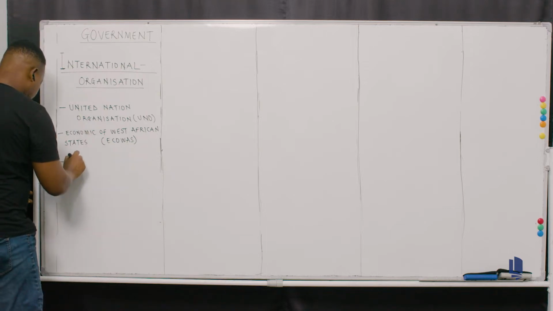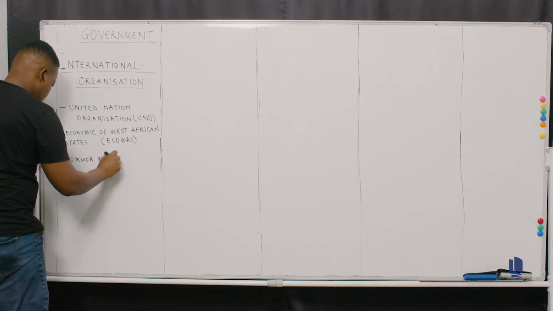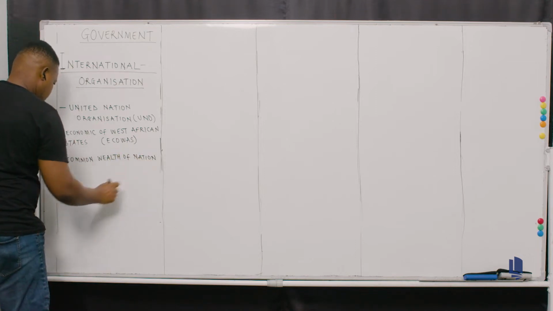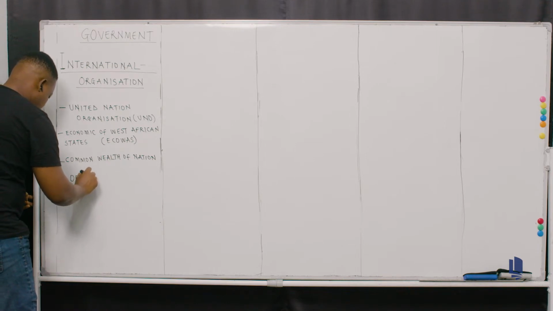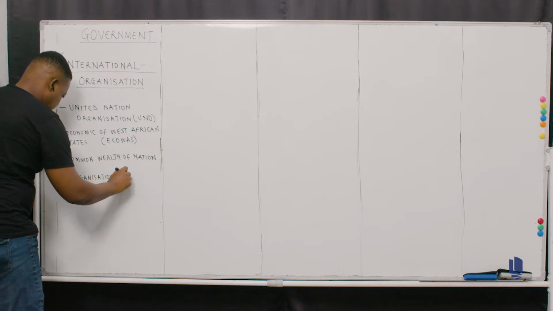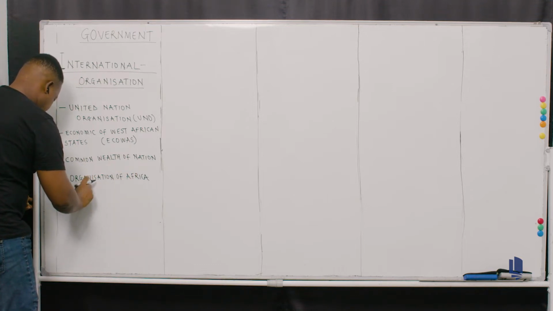Okay, we have Commonwealth of Nations. We have Organization of African Unity, OAU.